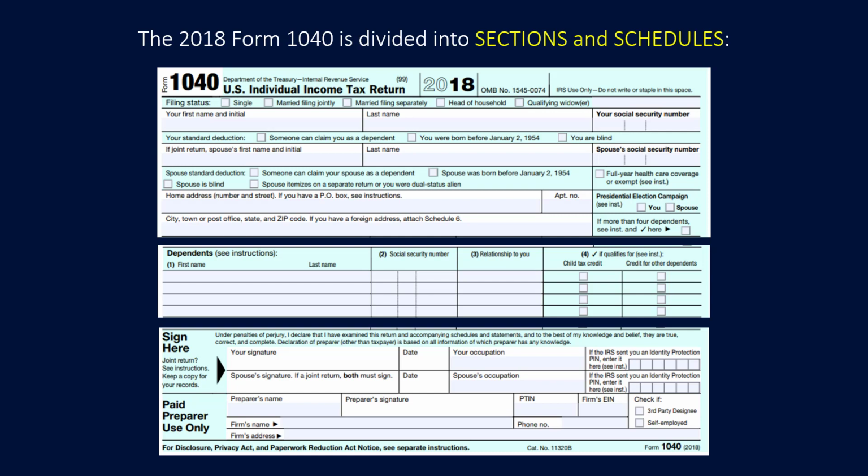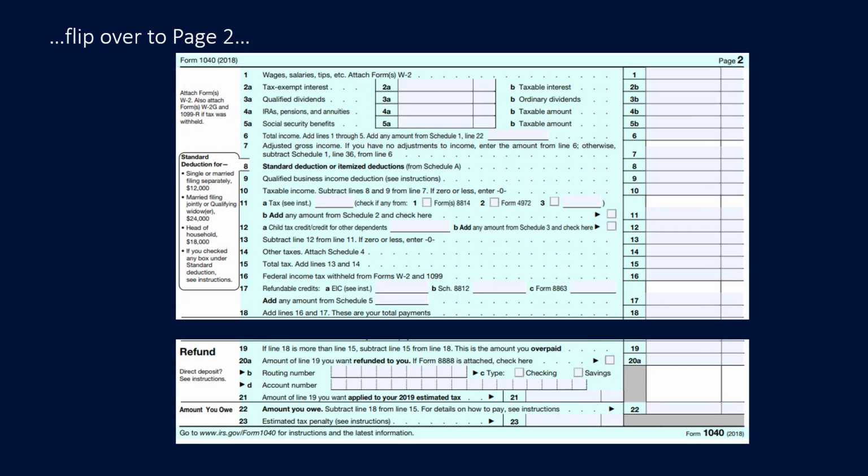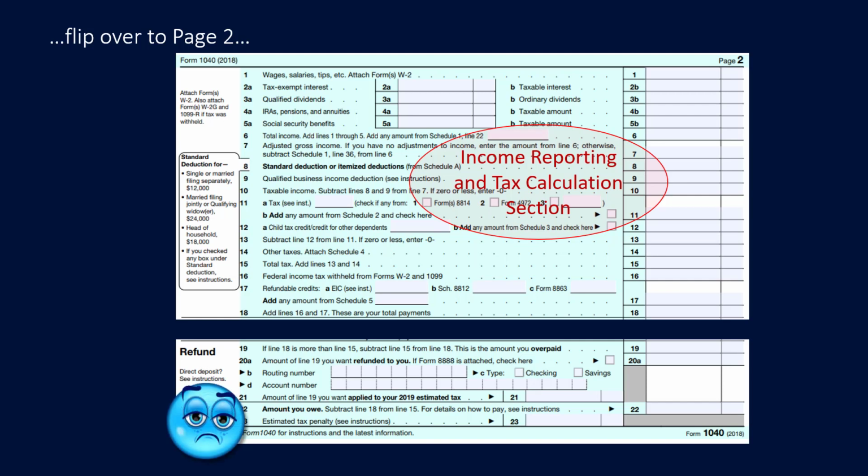Divided into sections, we've got the filing status, the name and address section, the dependents section, and the signature section. And then on page 2, again, if you notice, the 1040 is only 23 lines now. We've got the income reporting and tax calculation section and the amount you owe or refund section.